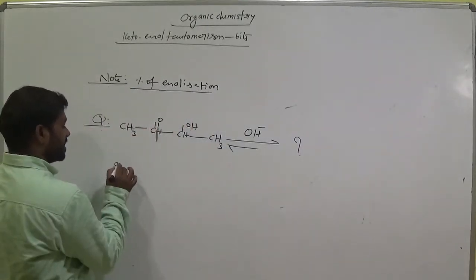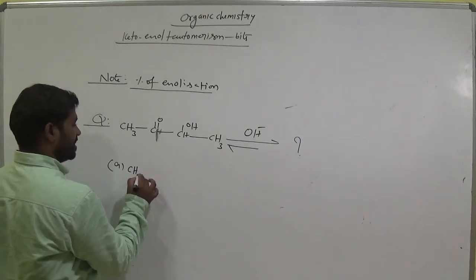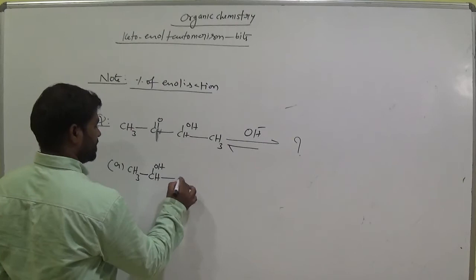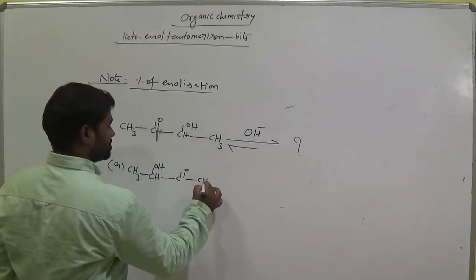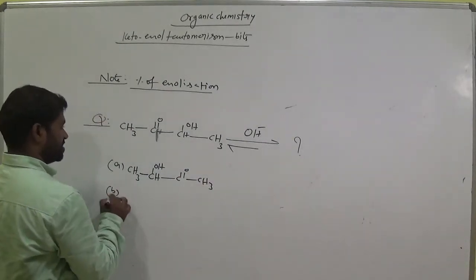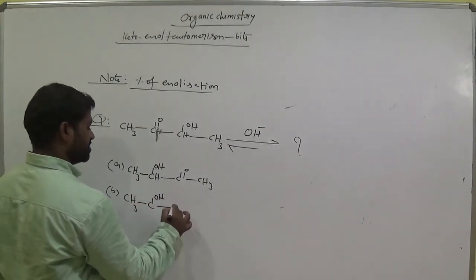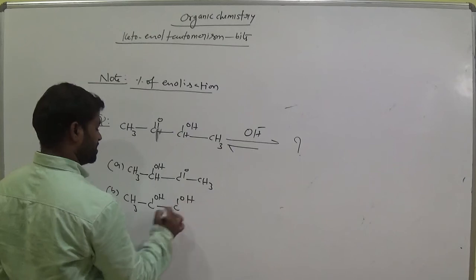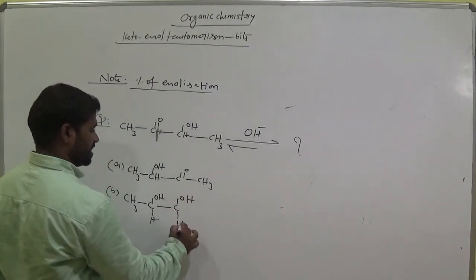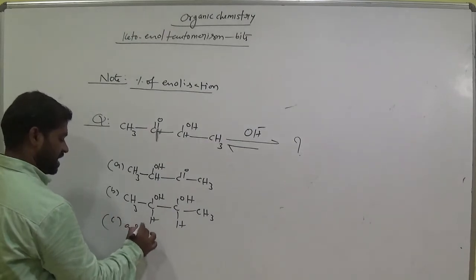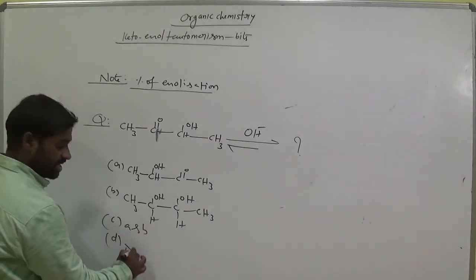The expected product is option A: CH3 COH and H, C double bond O CH3; option B: CH3 bond COH, bond COH and here H and here H and CH3; option C, A and B; option D, none.